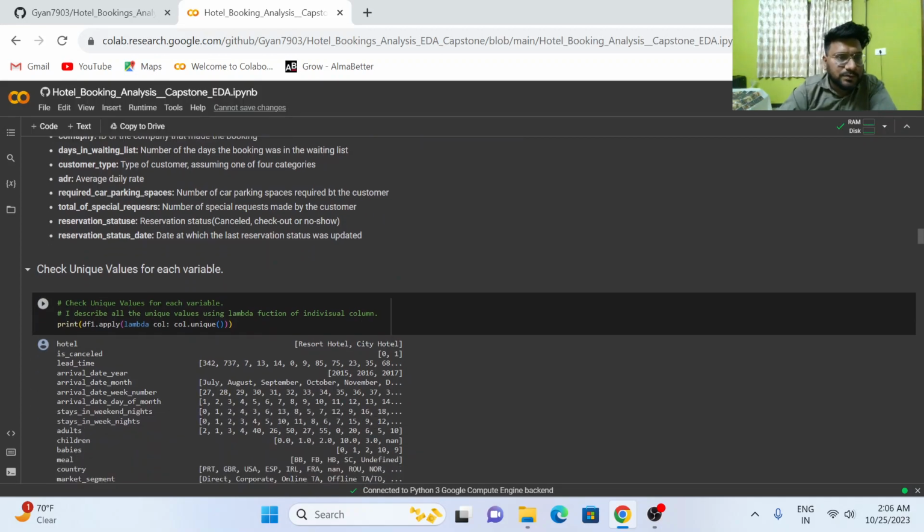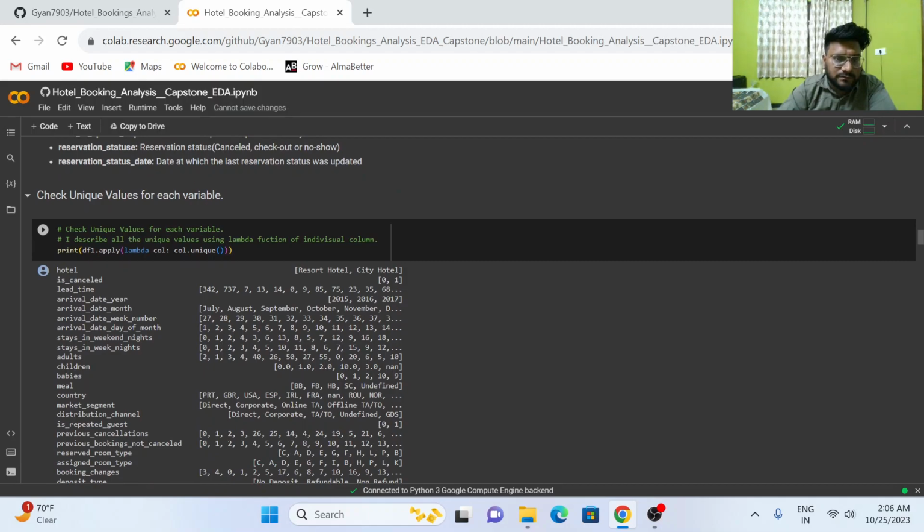Next would be checking the unique values. We'll check and describe all the unique values using a lambda function for each individual column.